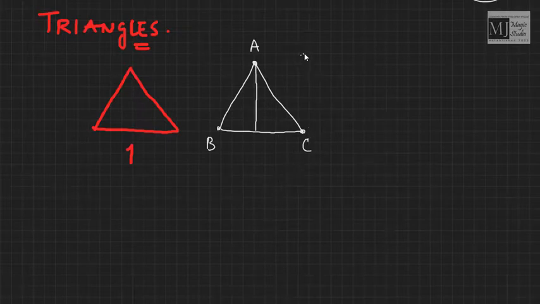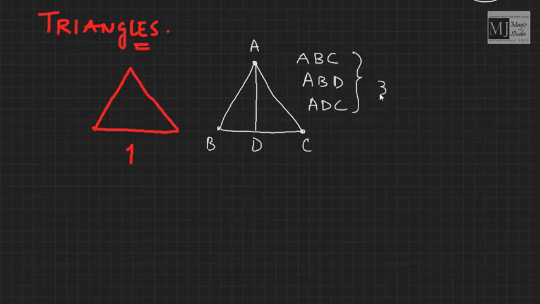3. Correct. One is triangle ABC. Now if I mark this D, then I will have ABD, another triangle, and then I will have ADC, another triangle. That means now I have 3 triangles in this figure.